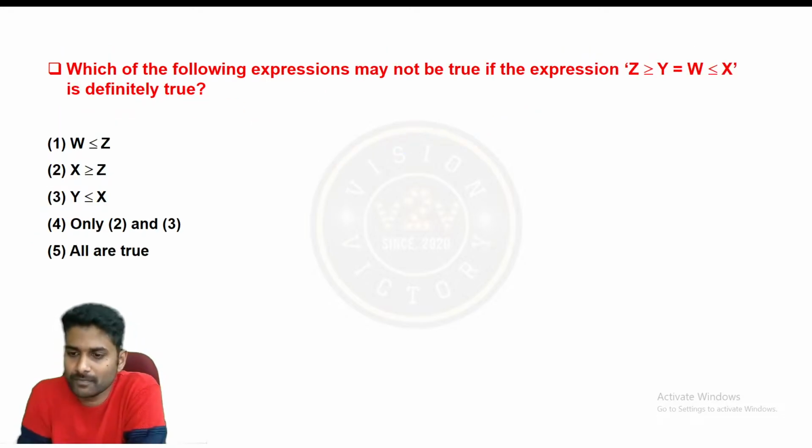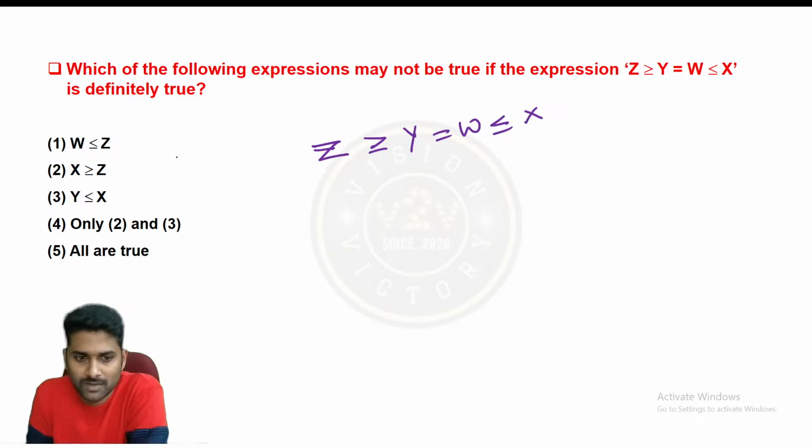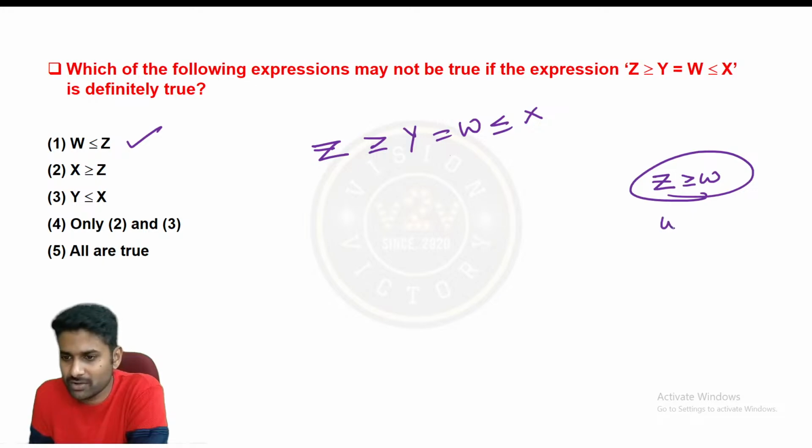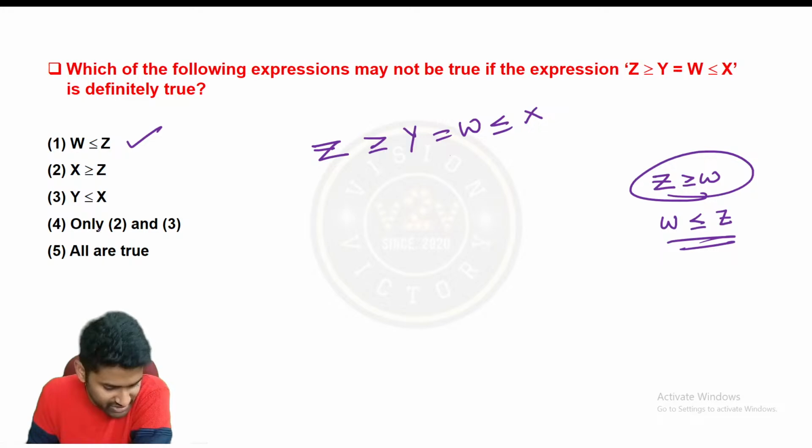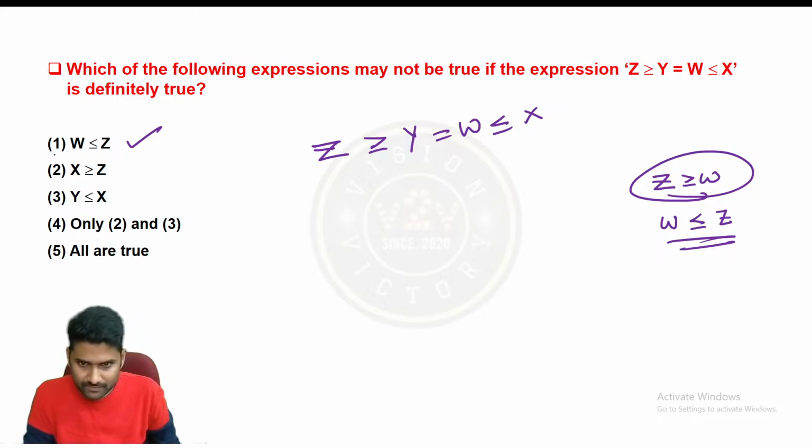Next. Now W less than or equal to Z. Guys, so Z is greater than or equal to W. Z is greater than or equal to W means W is less than or equal to Z. Yes, it satisfies our condition. It satisfies the condition, but according to the question, it may not be true.